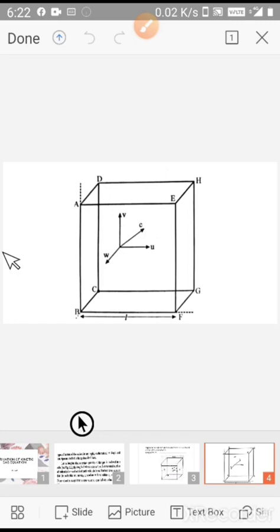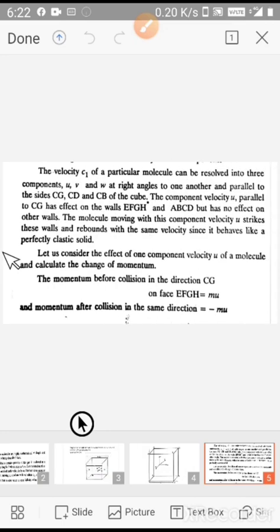If we consider one molecule as a point mass, its movement can be resolved into 3 components along the x, y and z directions. Along the x direction, we consider the velocity as u, along y as v and along z as w, as shown in the figure.